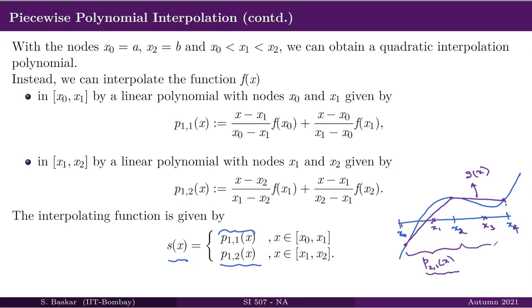And similarly, in this interval, that is from x2 to x4, you again have 3 node points. Therefore, you can make another quadratic polynomial in this. And you can therefore define a piecewise quadratic polynomial also. Similarly, if you have more points, you can go for higher degree polynomial in the respective subintervals.